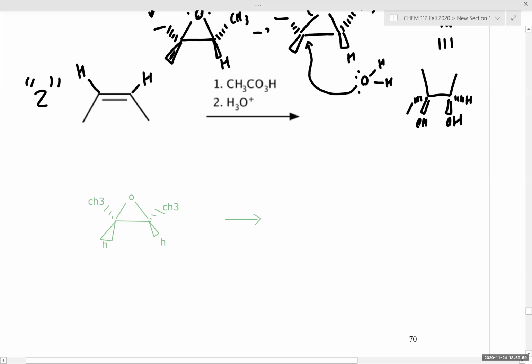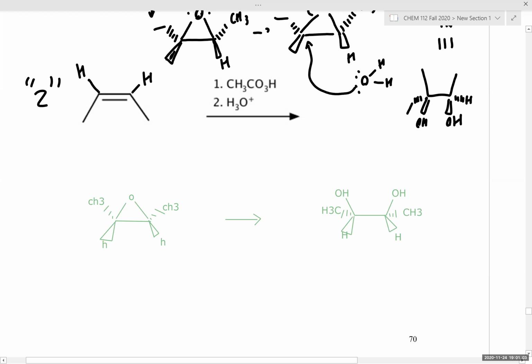So we have our proposed product being drawn out by one of our students. So we have a proposed product for the second epoxide opening step, and I have a question based on this.